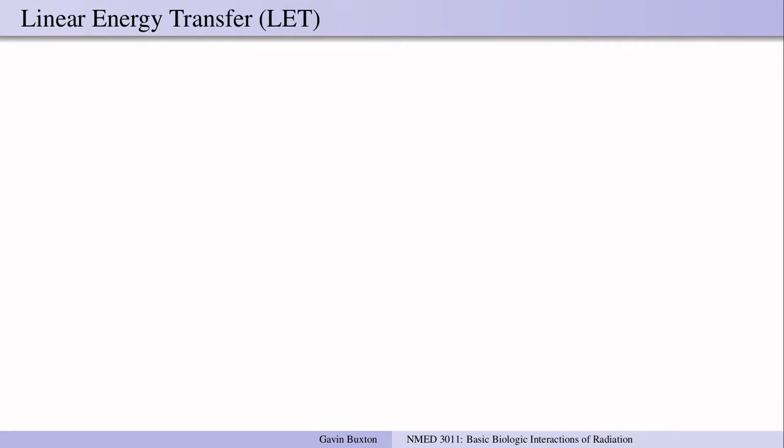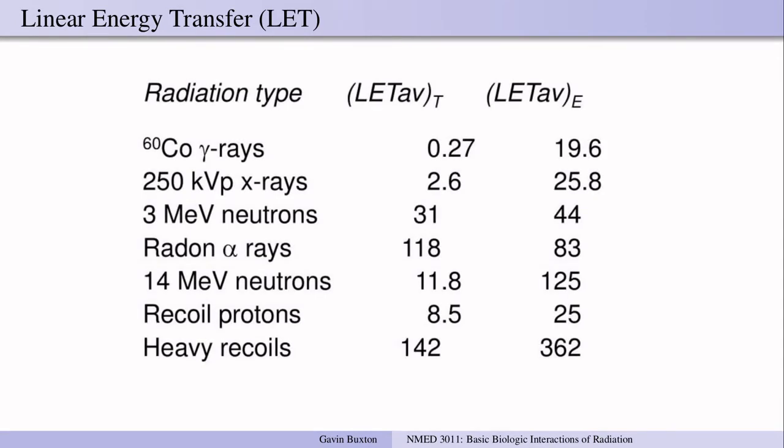Here's some examples of LETs averaged over track length or energy. The differences in rates of energy loss for the different LETs will produce different degrees of damage. In other words, equal doses of radiation in different LETs do not produce the same biological response.